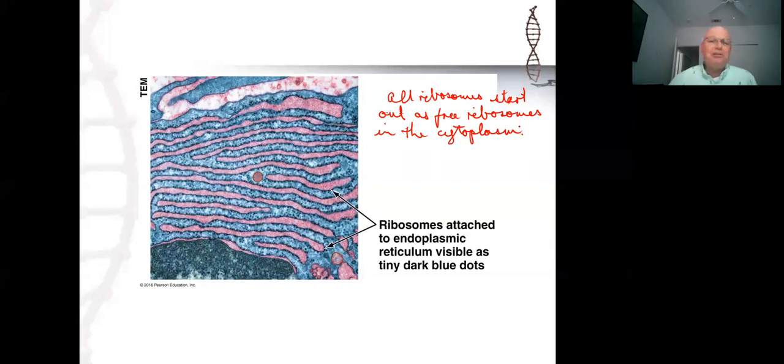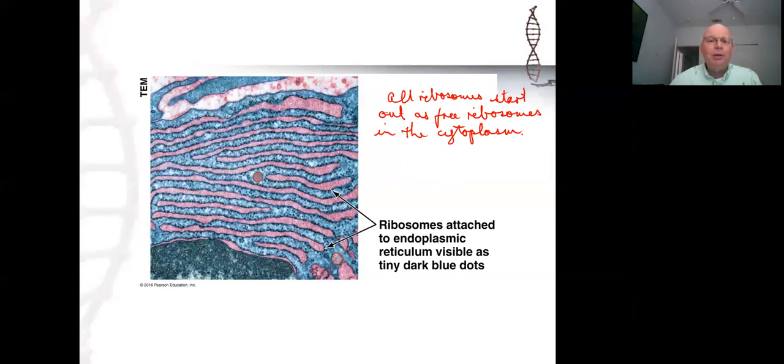What happens next depends on the type of polypeptide that's being made. So we're going to talk about a system called the endomembrane system, which specializes in making polypeptides and proteins that are ultimately either going to go to the plasma membrane and become part of the proteins found in the plasma membrane, or they're going to be released from the cell itself into the cell environment.